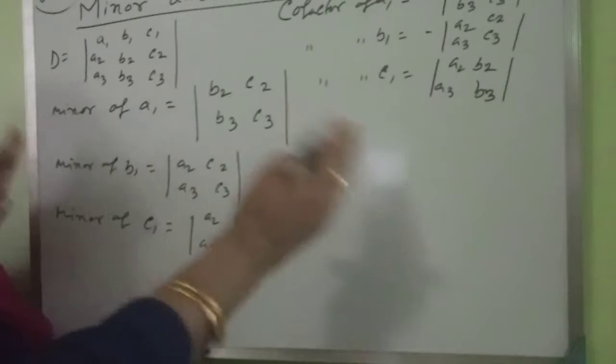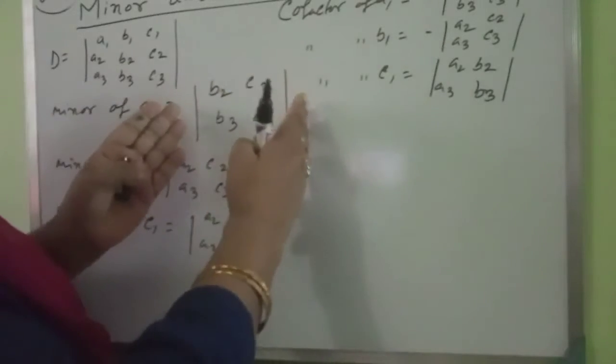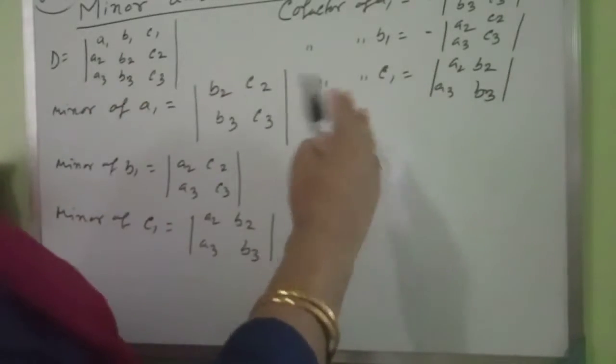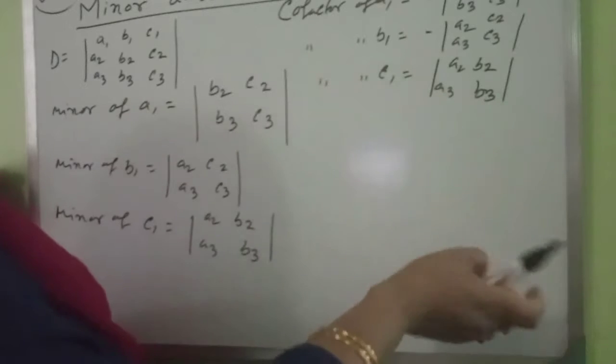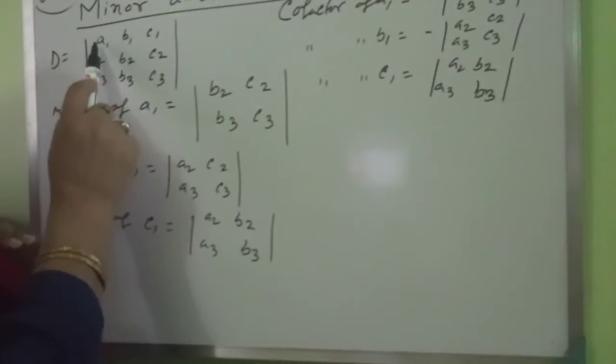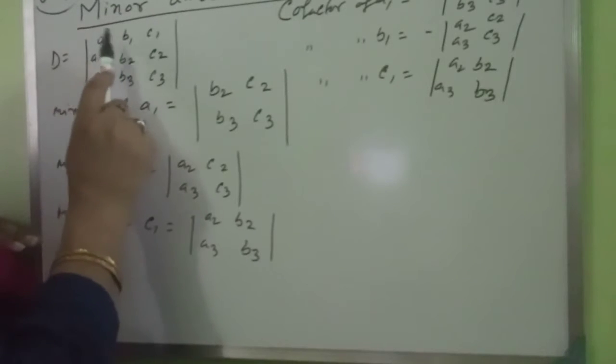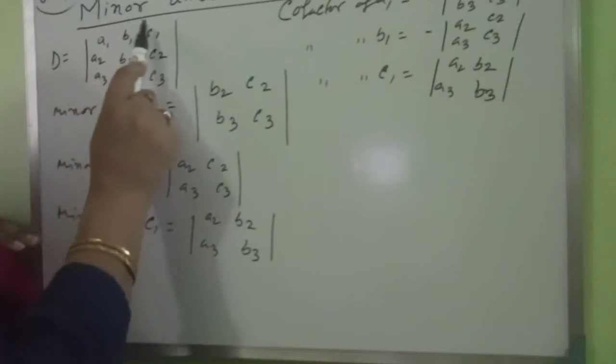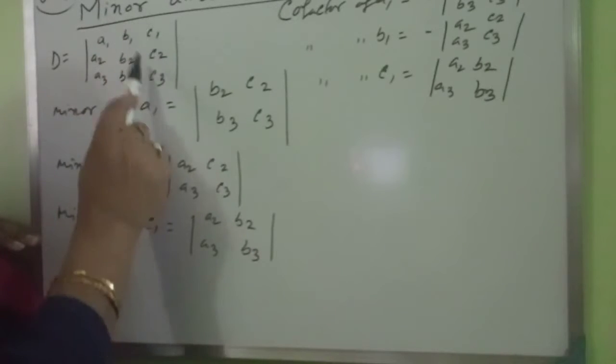Now what is the cofactor? Cofactor means the minor with the positional sign. Already I have explained how to write the positional sign. The 1,1 position sign will be plus, the 1,2 position sign will be minus, and the 1,3 position sign will be plus.